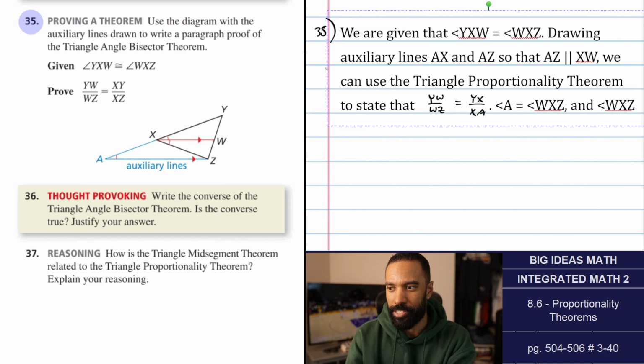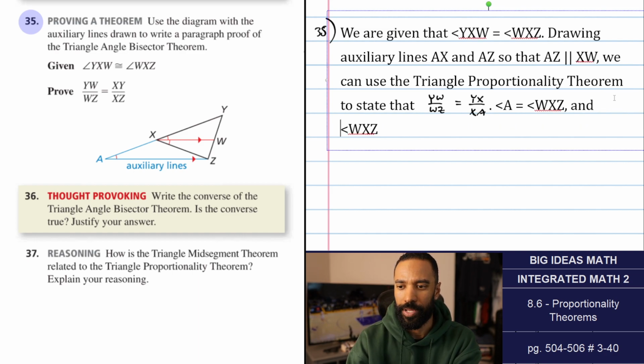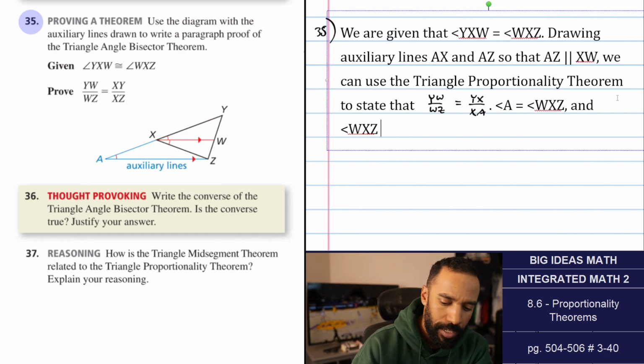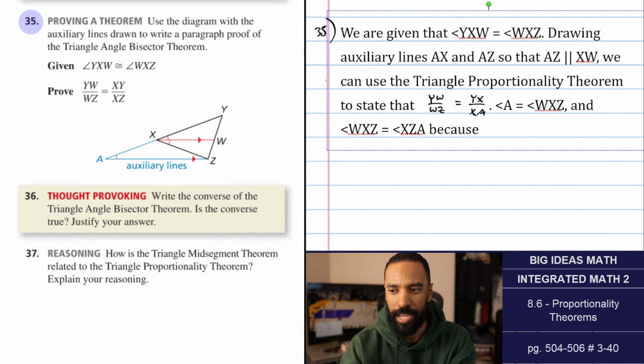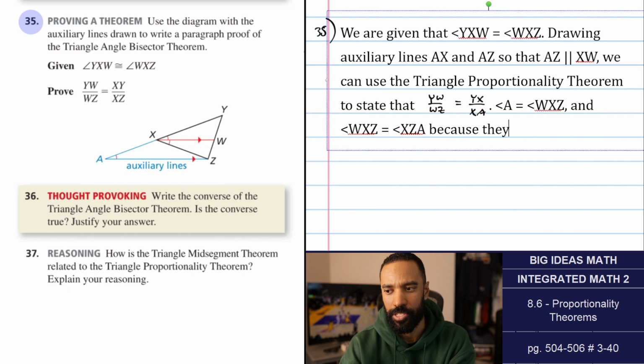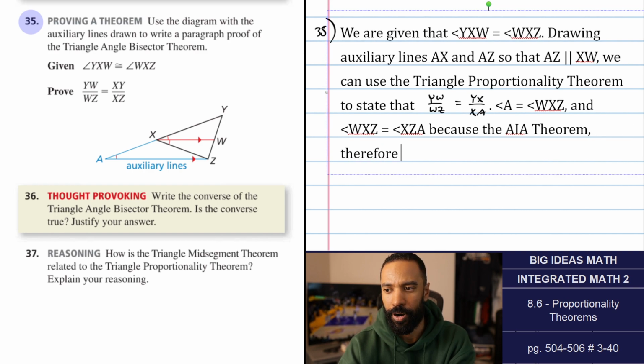And angle WXZ is congruent to angle XZA because they are alternate interior angles, or because of the alternate interior angle theorem, lines are parallel, alternate interior angles are congruent. Therefore, angle A is congruent to angle XZA by the transitive property of equality.